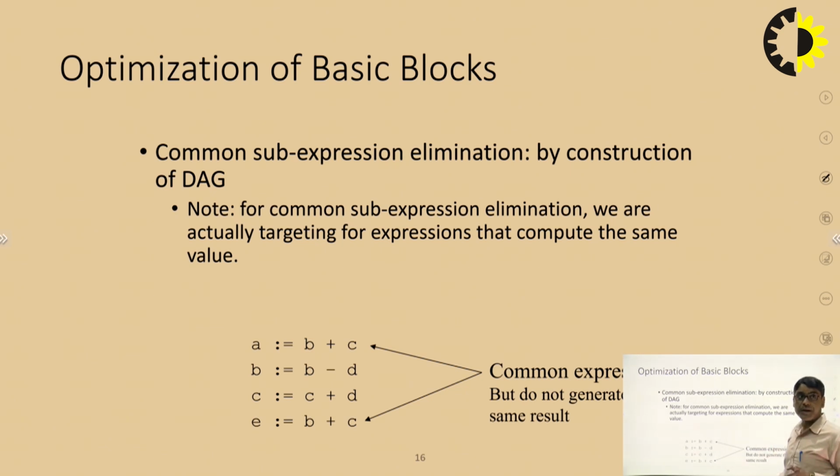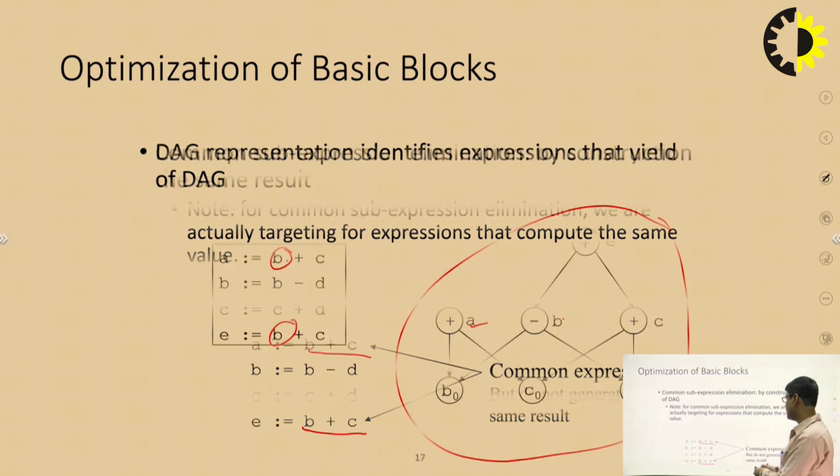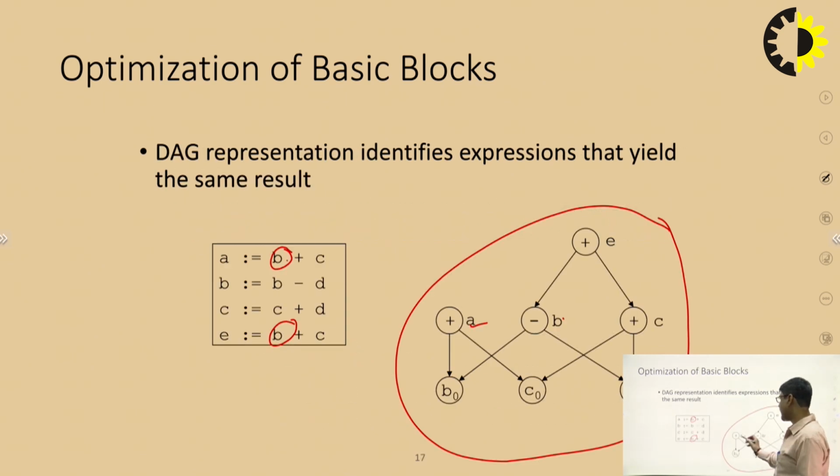Whenever you are going to delete a common subexpression, that variable must not be updated in between. If both B plus C had the same value, then A and E would lie on the same node, but that did not happen. So in this diagram there is no common subexpression elimination.